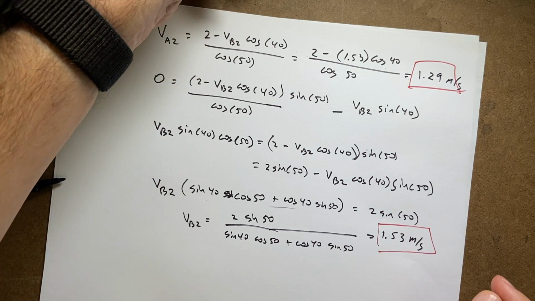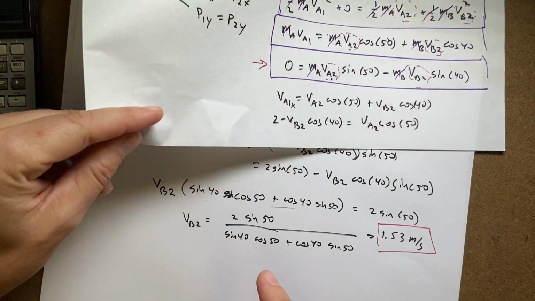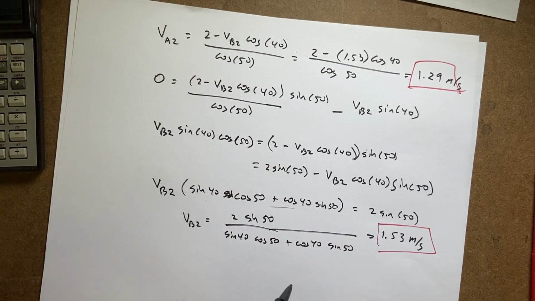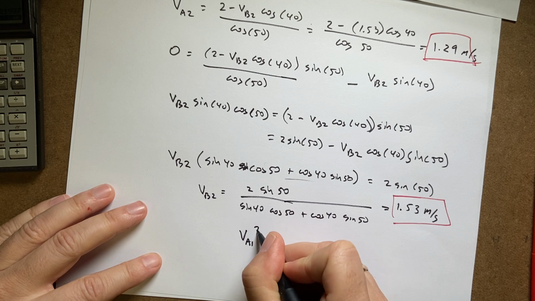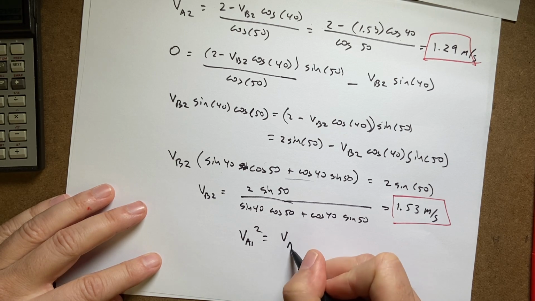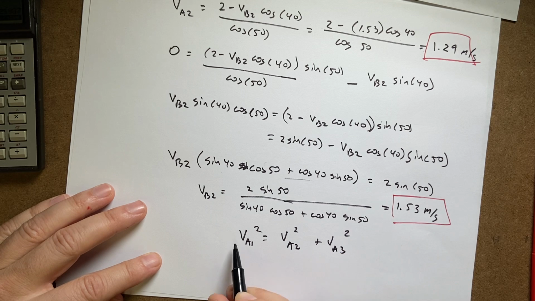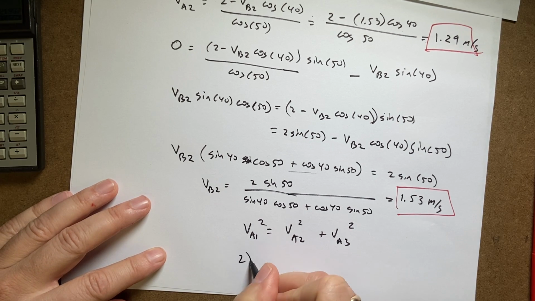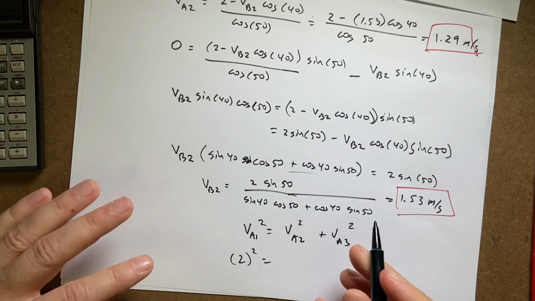But let me go back and just check. This equation should be true from kinetic energy. So I should be able to say VA1 squared equals VA2 squared plus VA3 squared. And so I know what this is. This is going to be 2 squared, so that's 4. So if I square these two and add them, I should get 4.